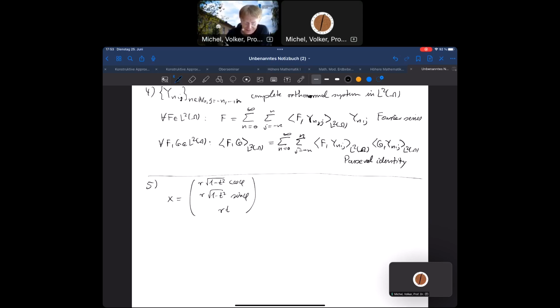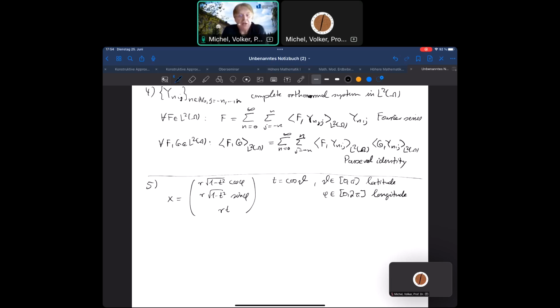Now, you might not necessarily know it in this way. What you might know is that t is represented by cosine theta, where theta is between 0 and pi, and is called the latitude. And phi is, for example, between 0 and 2 pi, and that's the longitude.